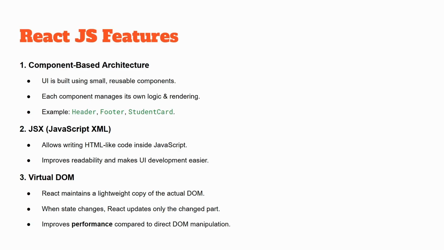A virtual DOM is created of the actual DOM, and then whenever some change happens, you first compare with the virtual DOM which part is getting changed, and only that part is updated rather than changing the entire DOM. So that improves the performance quite a lot.